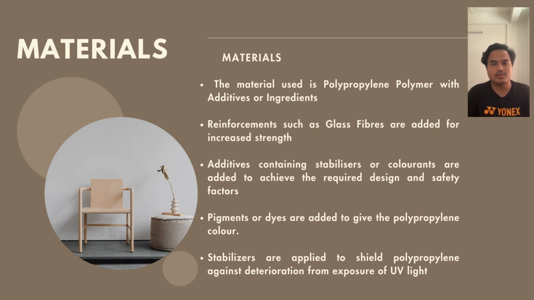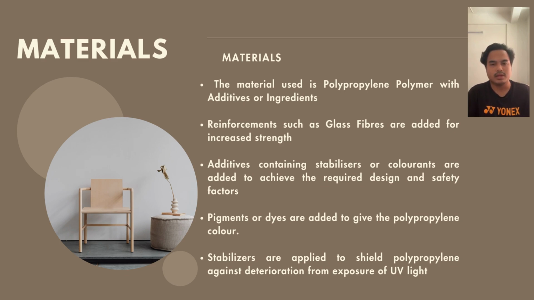It is simple to process polypropylene using a variety of techniques, including blow molding, extrusion, and injection molding, which results in lightweight and robust structures. The specific formulation of polypropylene for chair manufacturing involves carefully controlling the chemical composition, additives, and processing conditions to attain the required properties and qualities.